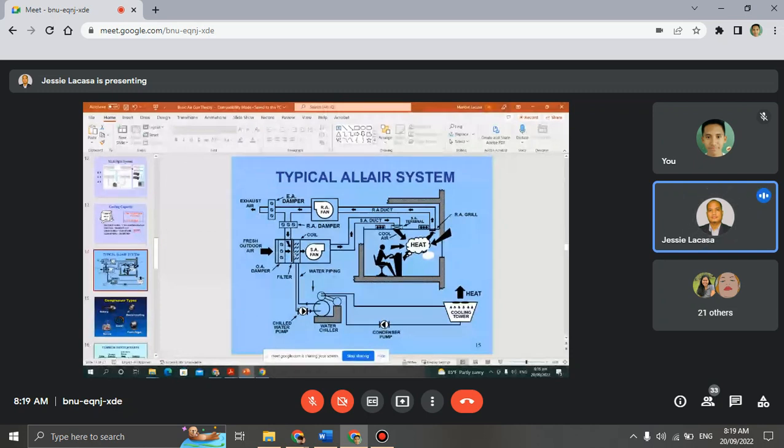Another cycle is the water cycle on the chilled side, the chilled water.